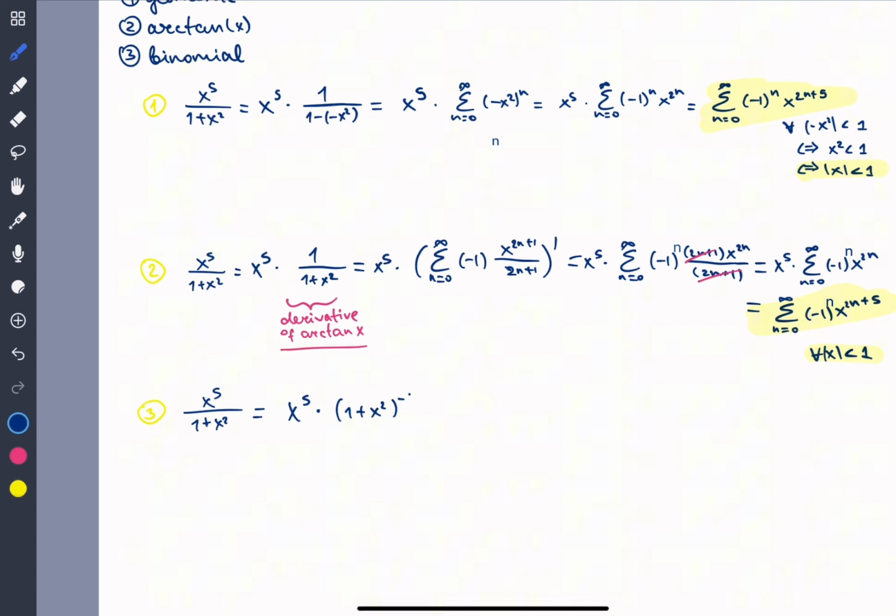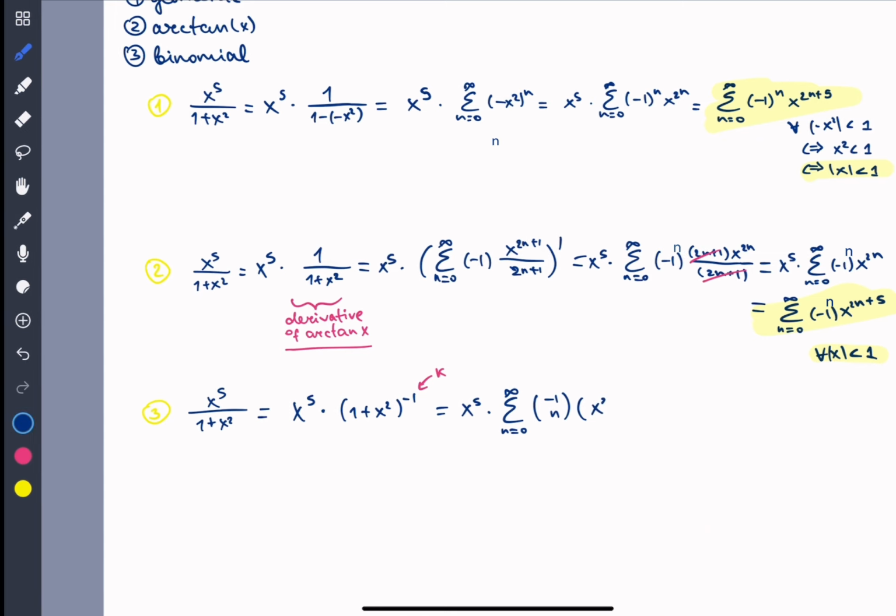I just rewrite that part with the power, which is just minus 1. And we keep in mind that that's k. We have x to the power of 5 times, we just arrange the binomial Maclaurin series to this. We have minus 1 n and x to the power of 2 times n, just 2n.